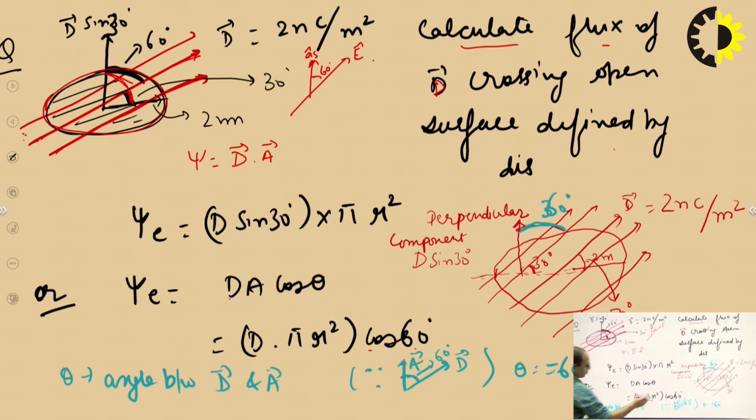Putting the value, the flux equals pi r square cos 60 degree, and you will get the total outward flux from this surface. Clear?